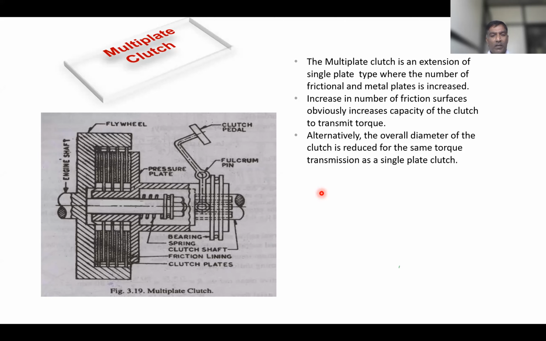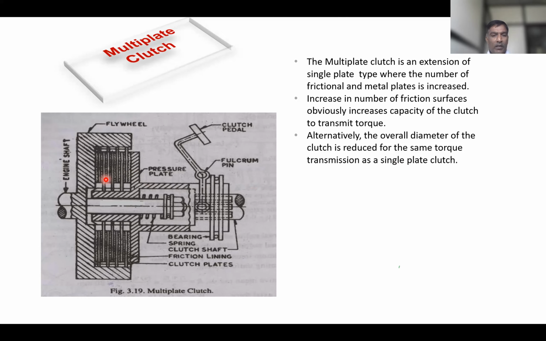Whatever space is required for a single plate clutch to transmit, for example, 100 Newton meter torque, if we use more than one plate based on the design, it will reduce the size and diameter of the clutch assembly, and ultimately the overall cost is also reduced. That will be there with the multi-plate clutch.